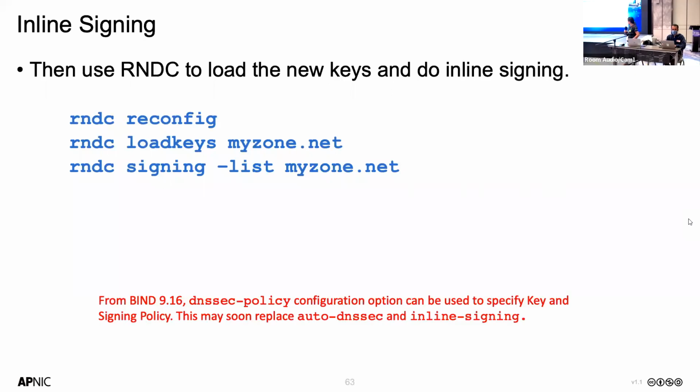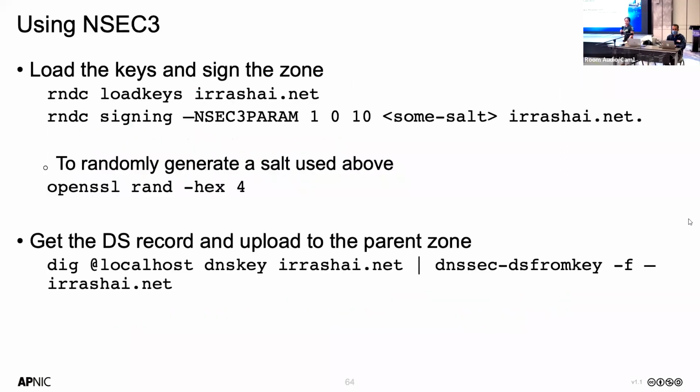One note here is that, again, this is client specific. There is now a new dnssec-policy configuration option for 9.16 and up. I believe the idea is to replace the use of auto-dnssec and inline-signing with a dnssec-policy configuration, which I think is something being done more with either NSD, Knot DNS, and PowerDNS.